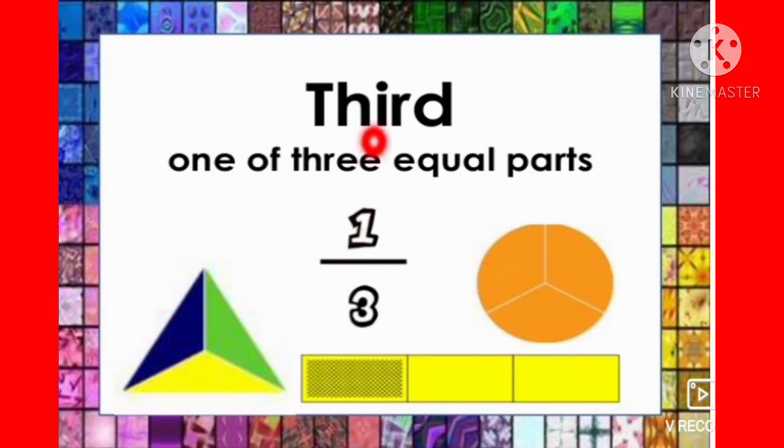Here third, one of three equal parts. So among three parts, when we take one, we can say 1/3. So here how many parts makes the whole triangle? Yes, it is 3. So put 3 in the denominator.